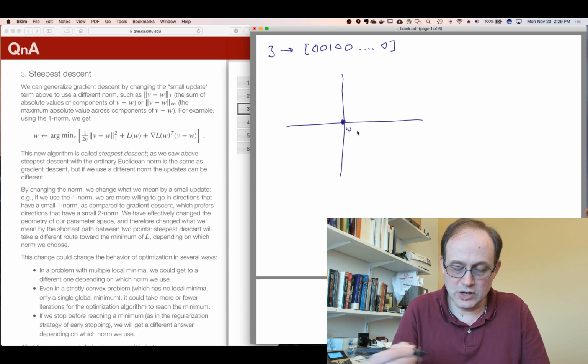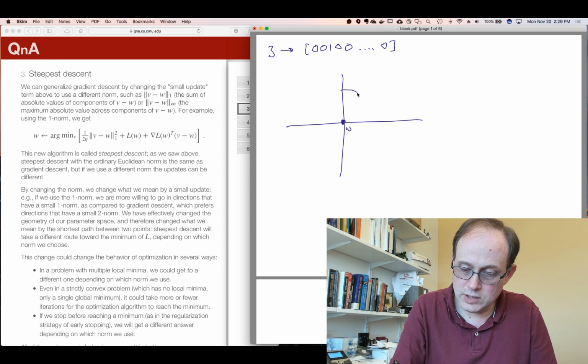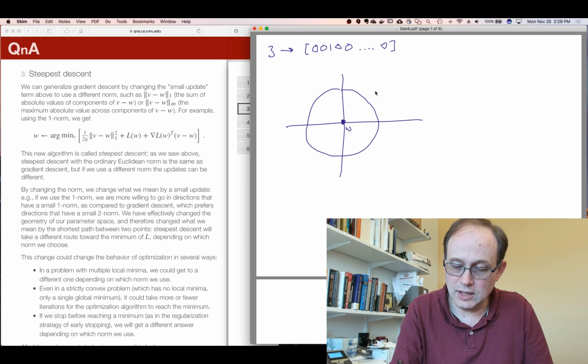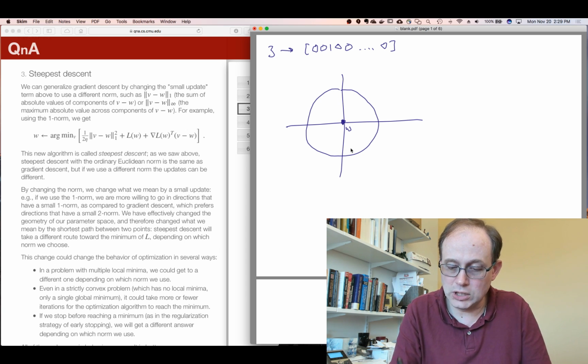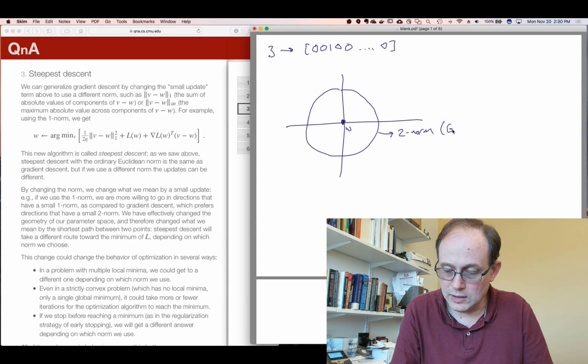We can always shift our coordinate system so that that's true. And what gradient descent says is that our new update is going to be somewhere within a small ball around w. That's the 2 norm, which is the same for gradient descent.